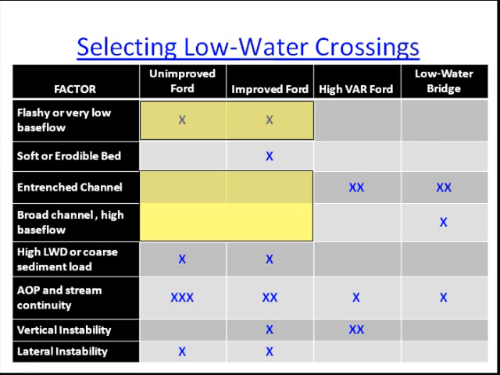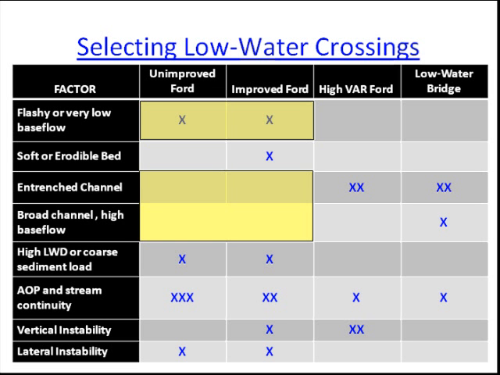The table highlights the applicability of structures at locations affected by common watershed or site factors. All 4 categories provide some measure of passage and stream continuity, some better than others, and each is better suited for certain sites affected by watershed factors, channel geometry, or flow regime.